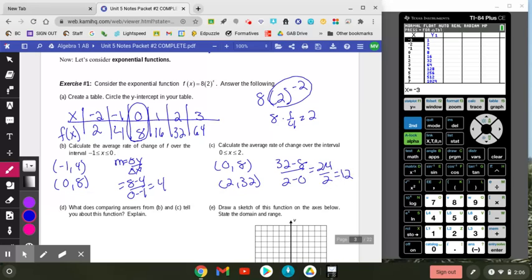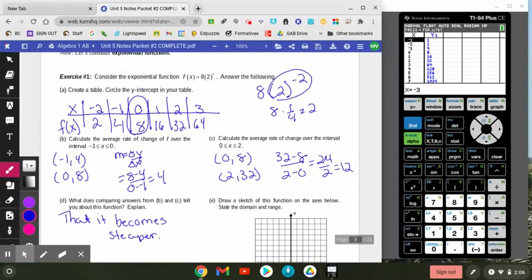Notice they're significantly different. What does comparing B and C tell you? That it becomes much steeper, because the rate of change goes from 4 to 12.